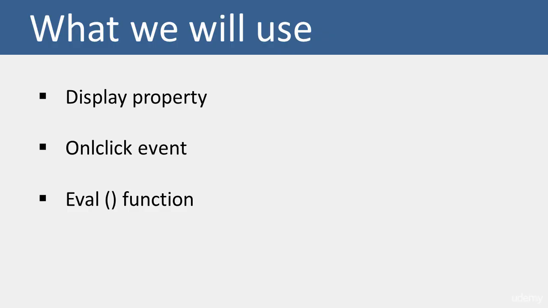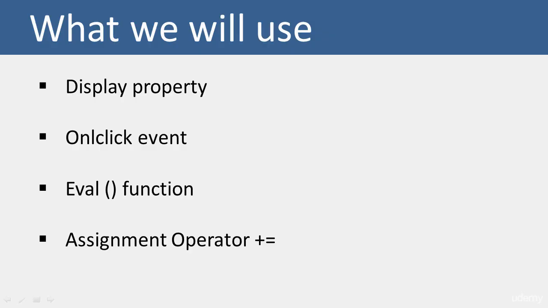We'll also be making use of the assignment operator, which is plus equals. Basically you will use that to add a value to a variable. Another way to express the assignment operator x plus equals y is x equals x plus y.